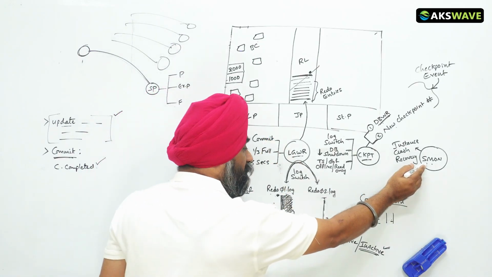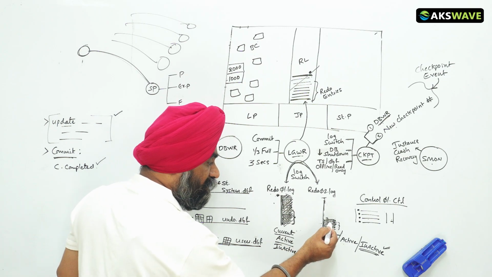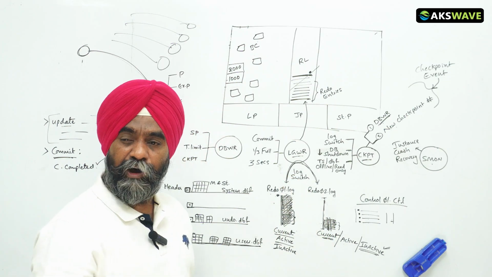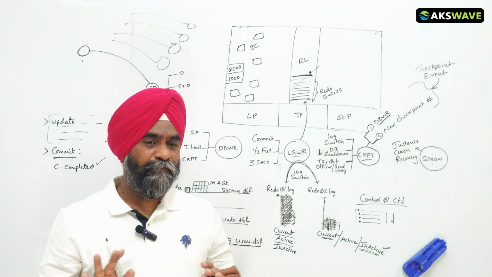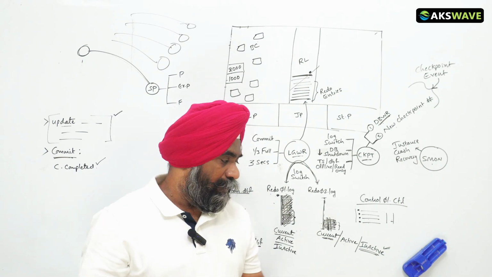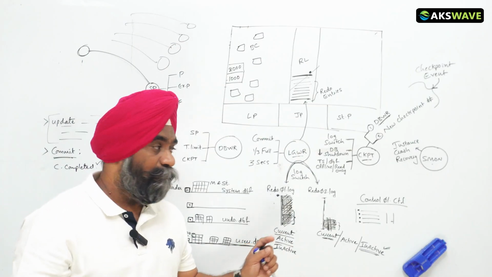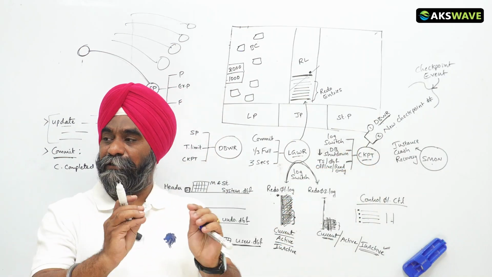During startup, SMON will go to the current redo log file and re-execute all these transactions again. How much time could it take? Nearly, for example, 5 minutes for crash recovery, and then the database is opened and given.